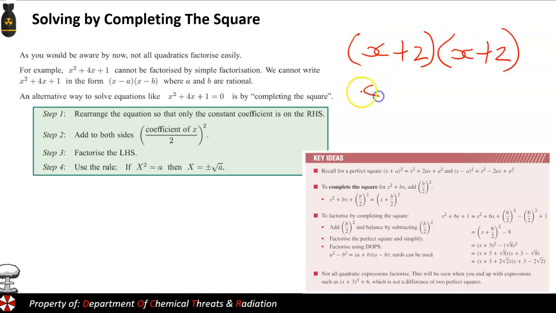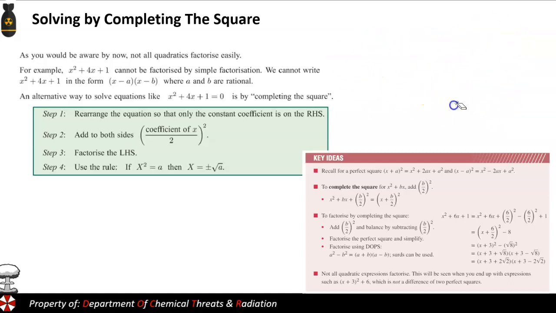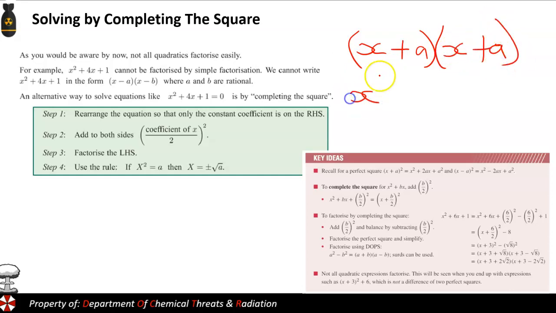If we expand that out, we get x squared plus 2x and 2x, so 4x plus 4. Or another way that we could describe this more generally, using letters, is if we have x plus a times x plus a, we get x squared plus 2ax plus a squared.